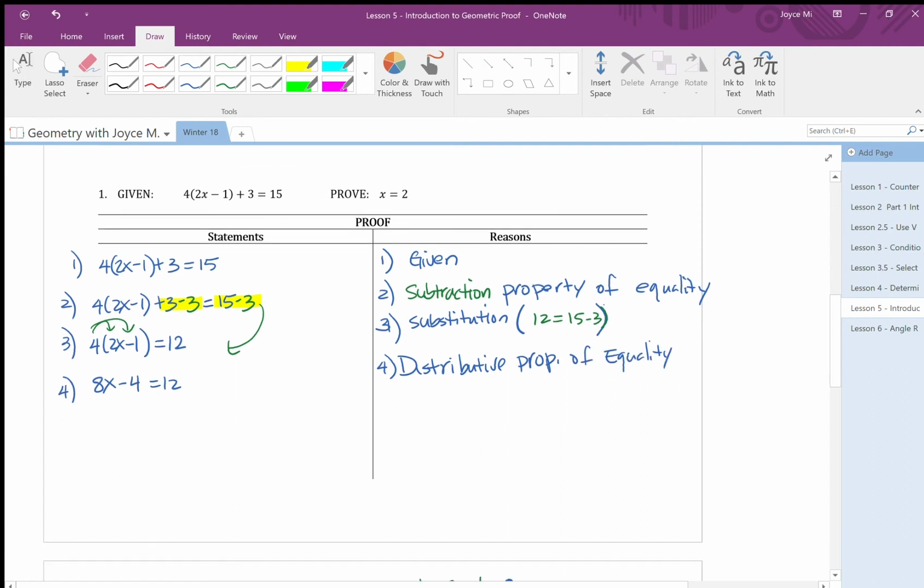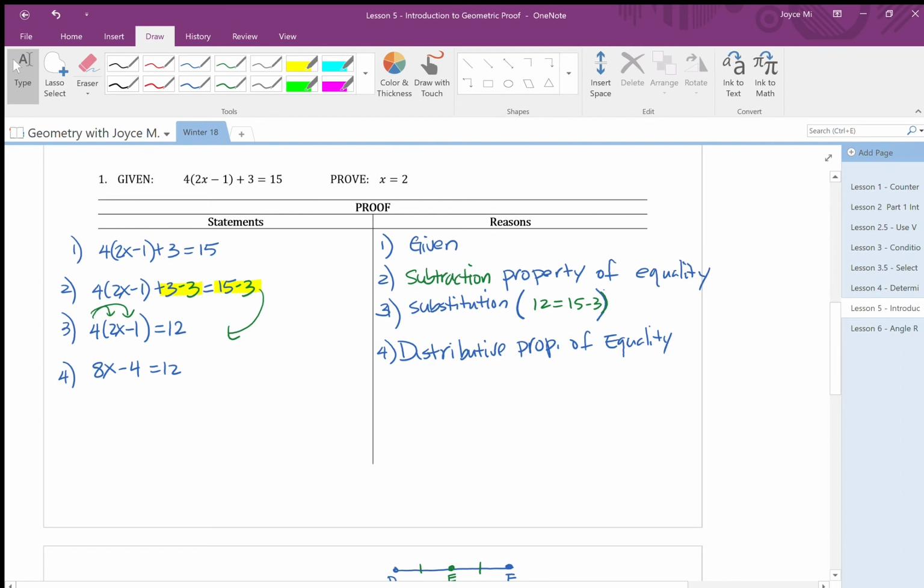Now the next step, I could just add 4 to both sides. So number 5, I could say 8x minus 4, I'm going to add 4, is equal to 12 plus 4. I'm adding a number to both sides of the equation, so addition property of equality.